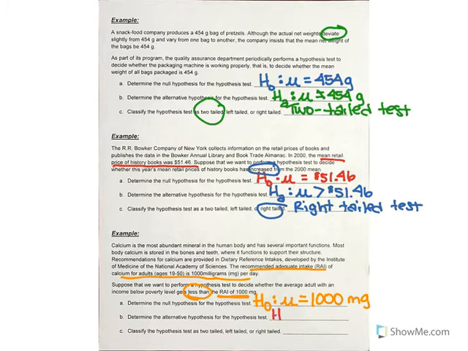So our alternative will be H sub A colon μ, and if we're talking about less than, then going back to algebra, that would be the less than sign of 1,000 milligrams. And very obvious, if we're talking about what type of test, if we're talking about less, we're on the left side. So this would be considered a left-tailed test.